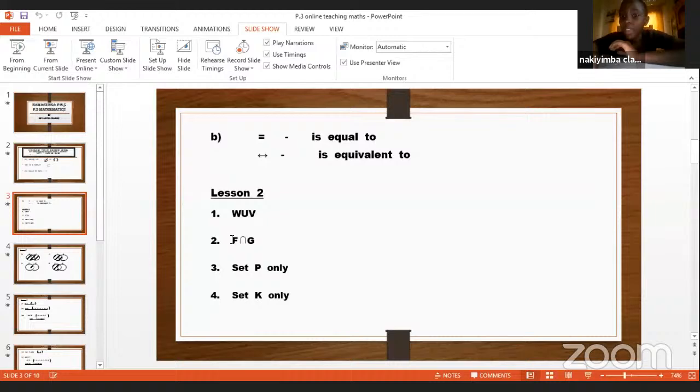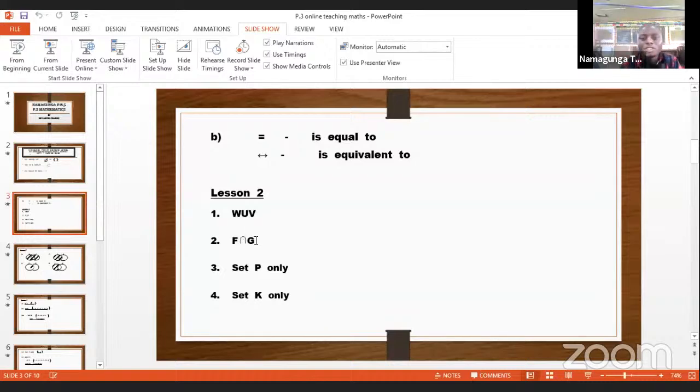Set F intersection Q. Nachimba, that is G, not Q. Thank you for trying. We have set G, not set Q. So here we put set F intersectioning set G.